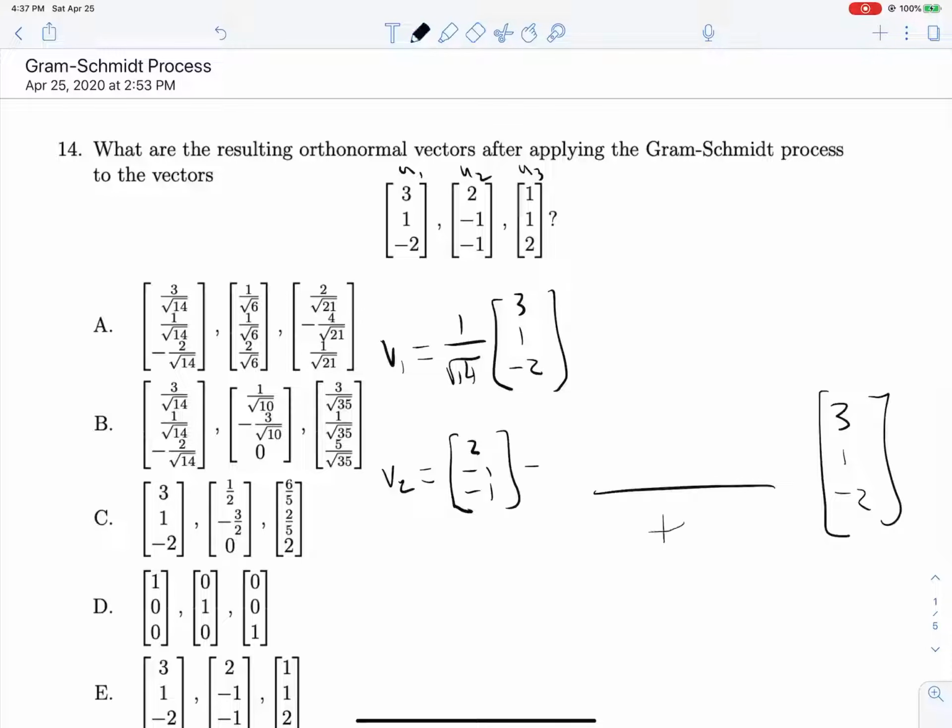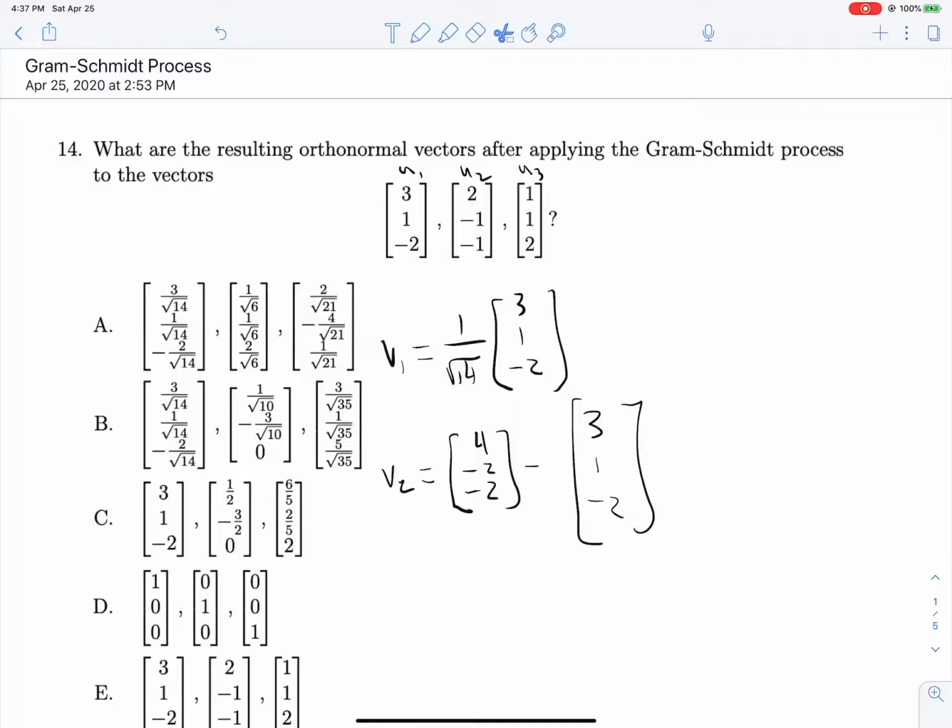So we can divide this out, get 1/2 times that vector, and instead of having to deal with fractions, we know that since we're normalizing this in the end, all we can do to solve this problem is multiply both these vectors by 2, so 4, negative 2, negative 2, and we can just get rid of that negative 1/2 as long as these two have the same multiple of each other, if you know what I mean. The normalized vector that we get in the end will always be the same.